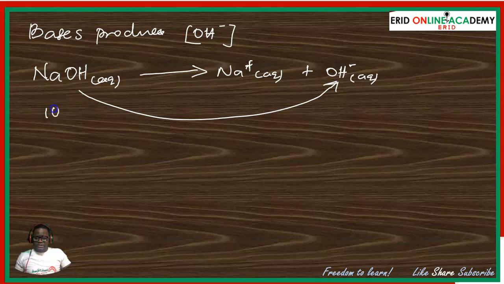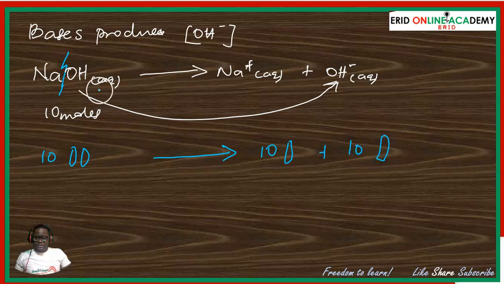Now let's simplify it further. Let's assume that I have 10 moles of sodium hydroxide here. If I see my base as a pair of slippers, and I have 10 moles of slippers, when I split them into two, I would expect to get 10 moles of the right leg and 10 moles of the left leg. The same thing here.